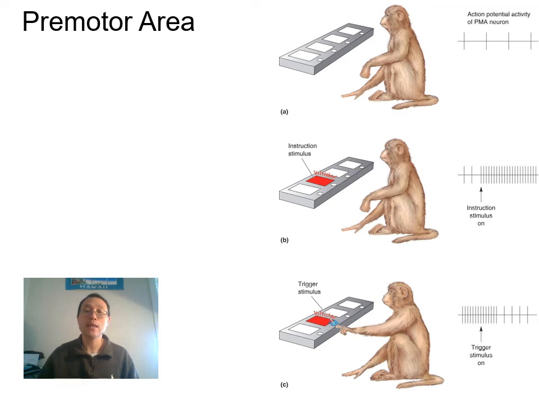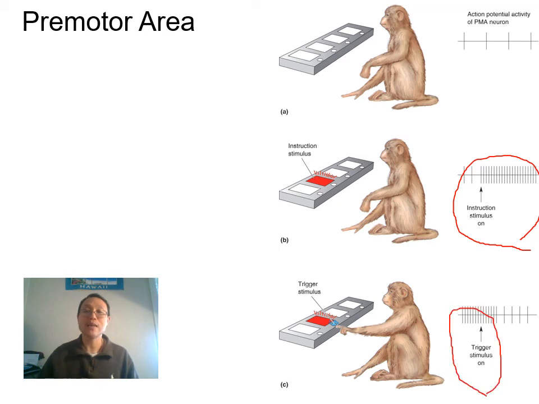So what they did is have the monkey looking at the action while recording the PMA neuron, with an introduction stimulus that is on before the monkey starts to do anything, and then the target stimulus comes on.